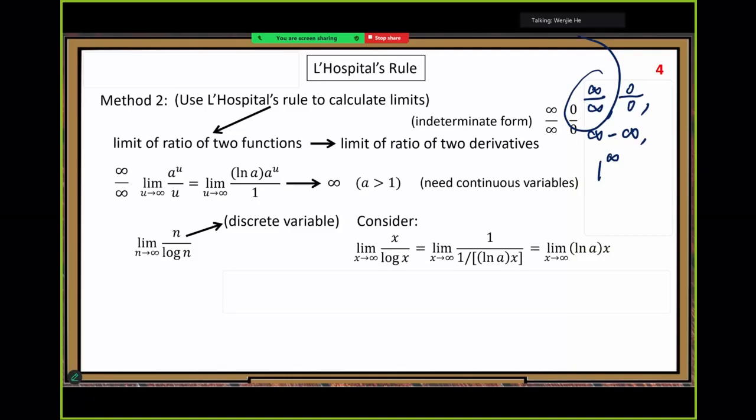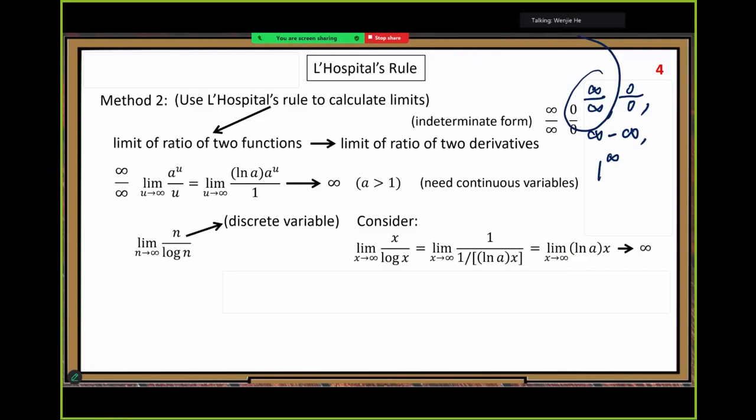After simplification, natural log of A is a positive constant, since A is greater than 1. A positive constant times x, but x goes to infinity, so it goes to infinity. The limit is infinity. Then we need to make our conclusion.